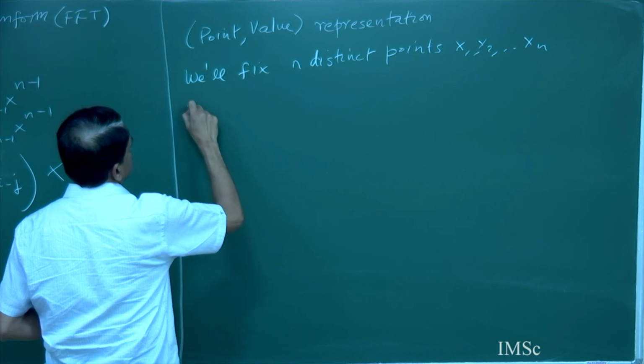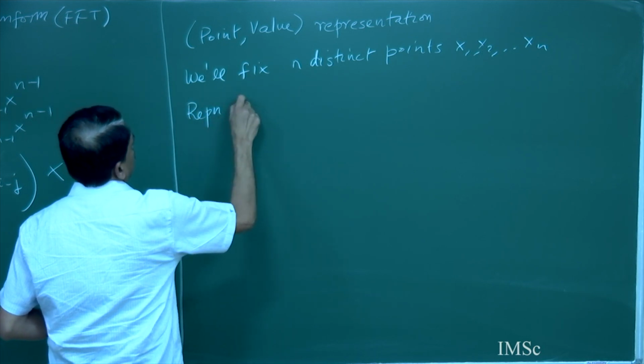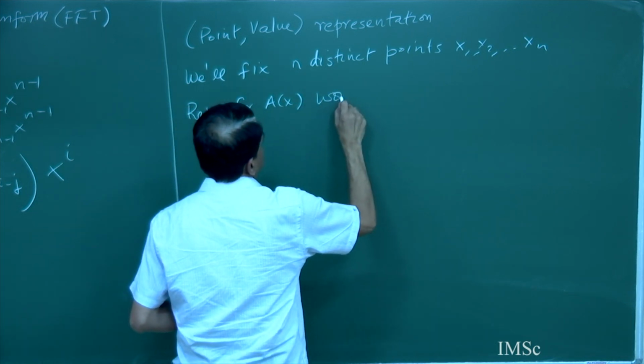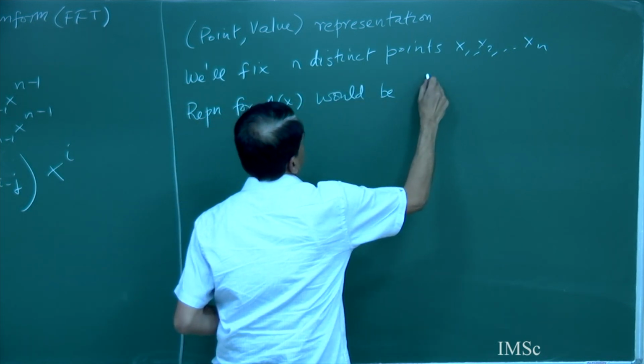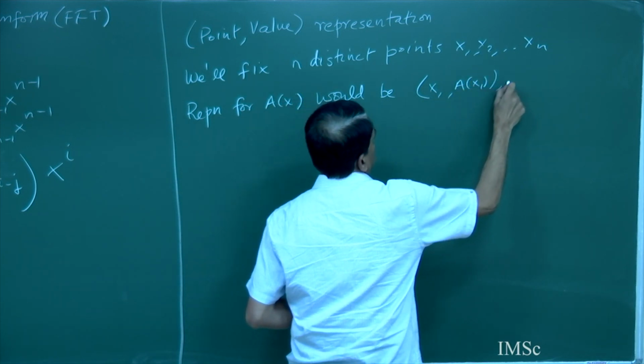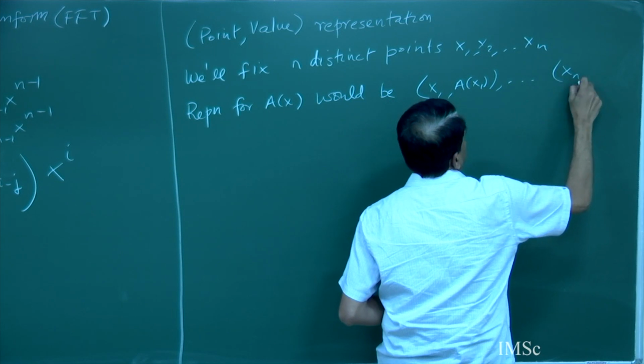So my representation for A(x) would be (x1, A(x1)) through (xn, A(xn)).